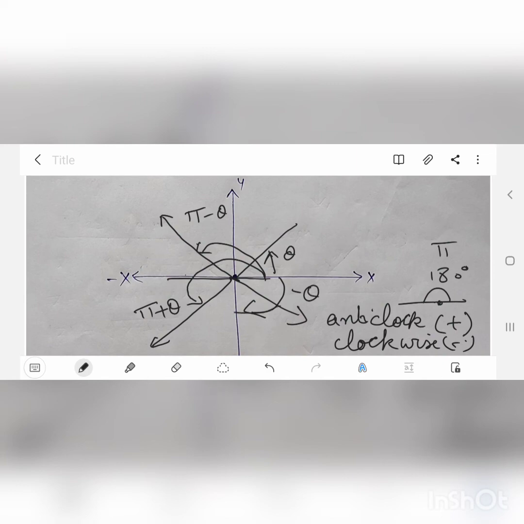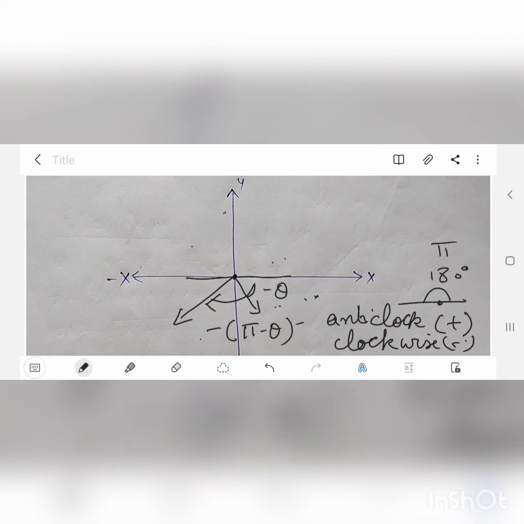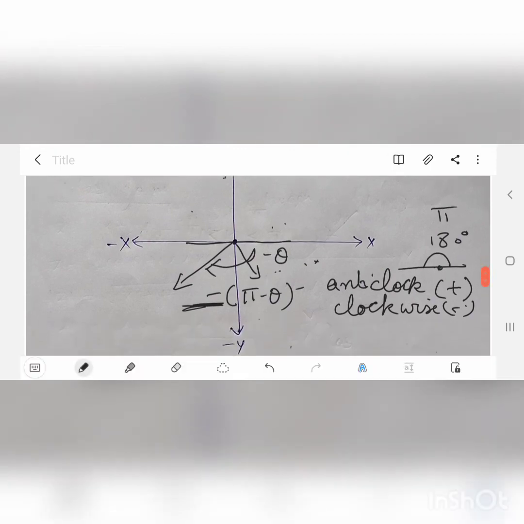If we calculate the angle this way in the third quadrant, this is minus theta, and this angle is pi, then pi minus theta with a minus sign because of the clockwise direction. This angle is also taken in that way as theta minus pi.